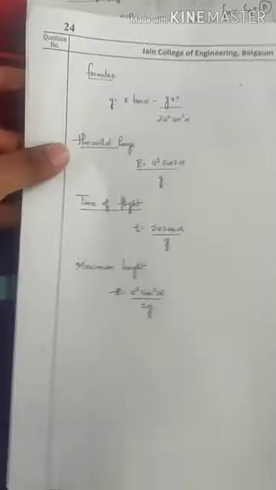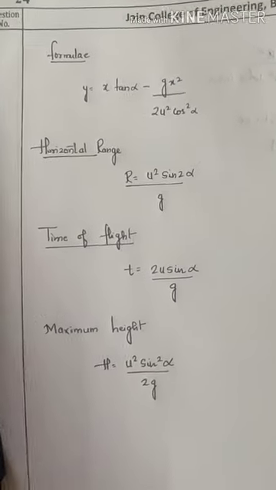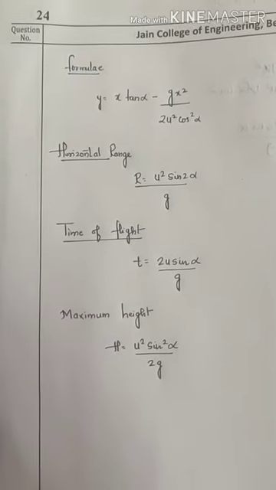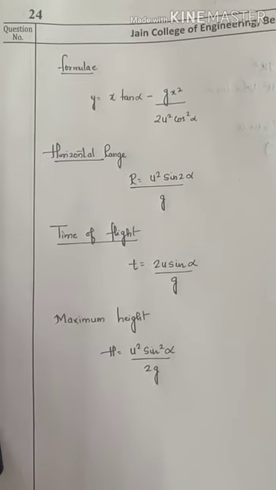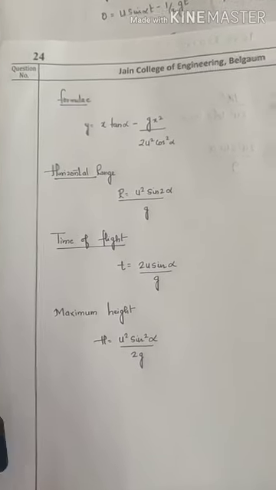So doing this, we have all these relations. Just note down all these equations, which will be essential for you to solve the problems. Hope you have no doubt with the derivation.